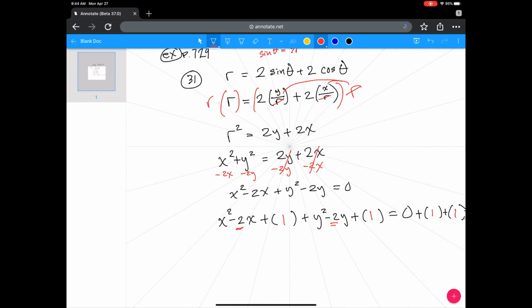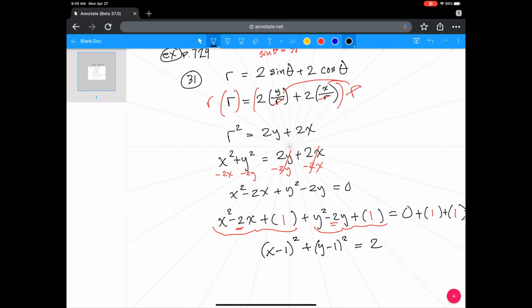So I'm basically going to add a couple ones on the left and add a couple ones on the right. And what that does is that allows me to take these new trinomials that I've created, and they're perfect squares. They can be factored into perfect squares, which is why I chose the ones to do that. So then this becomes x minus 1 quantity squared plus y minus 1 quantity squared is equal to, and I add up the two ones on the right side, I get a 2.